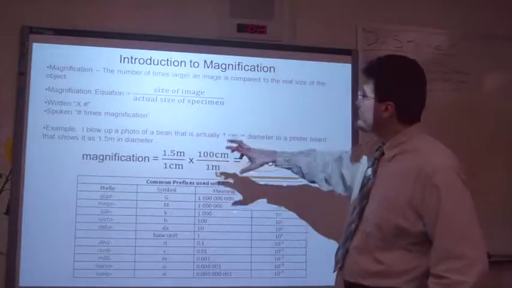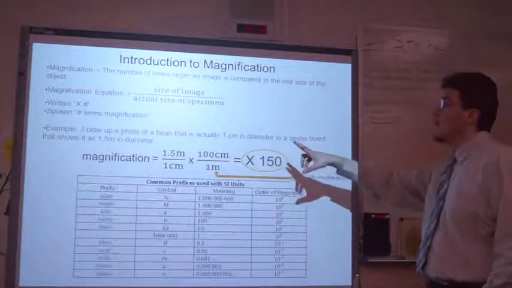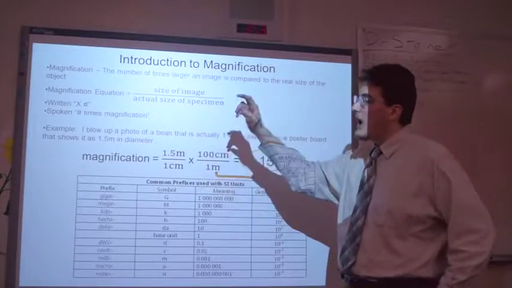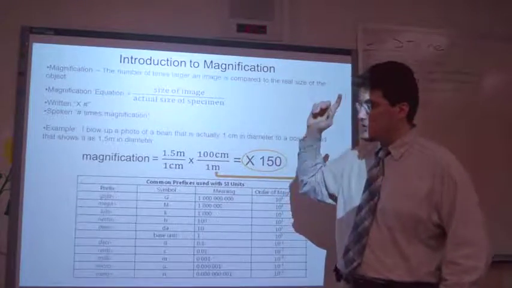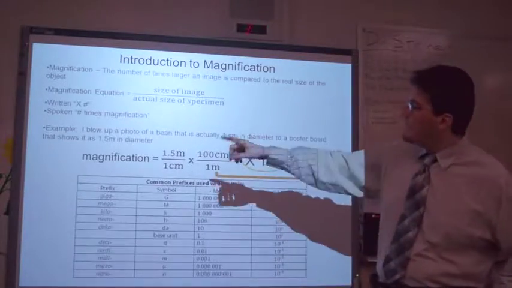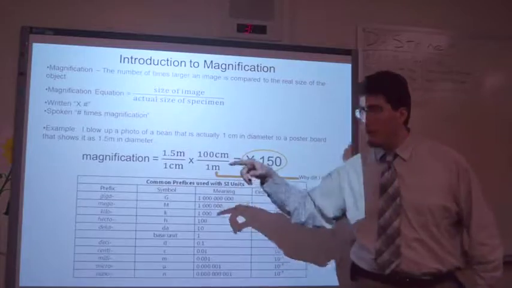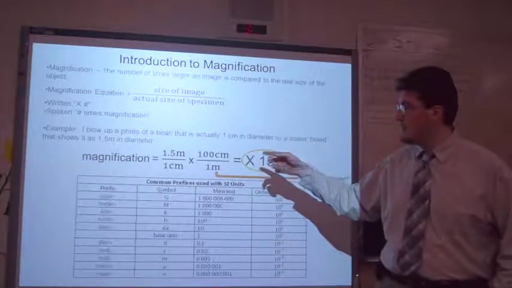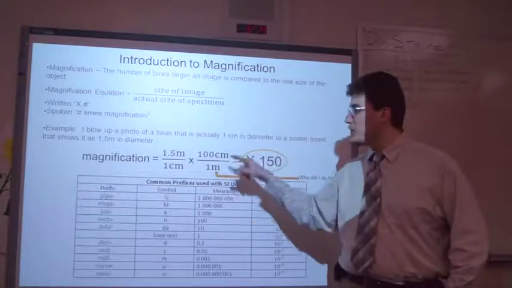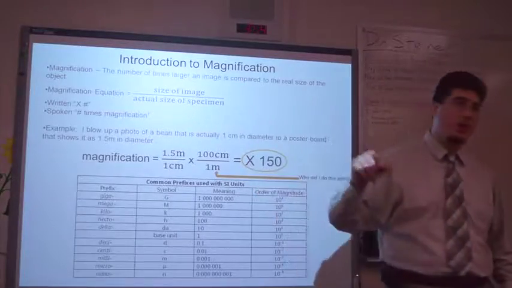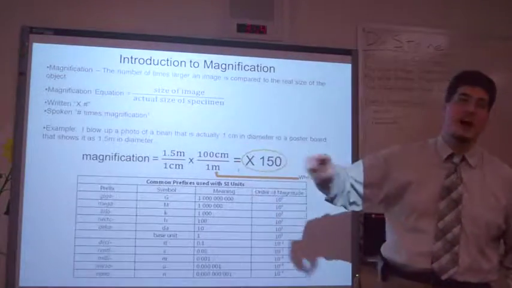So already, I need to convert my units. I convert centimeters to meters. I multiply the meters by 100 centimeters, and I divide by 1 meter, because 100 centimeters is equal to 1 meter. This is the same as multiplying by 1.